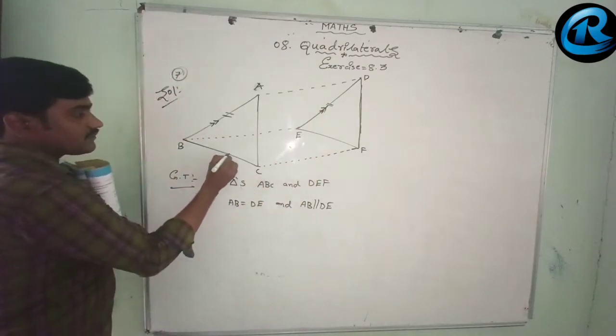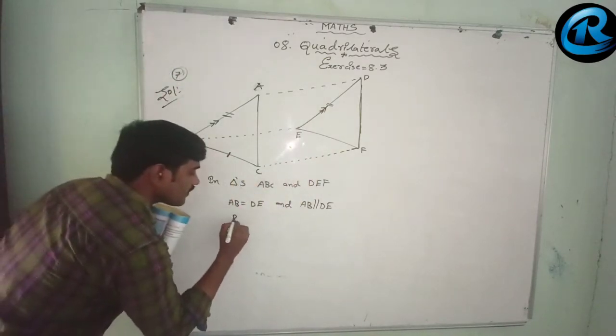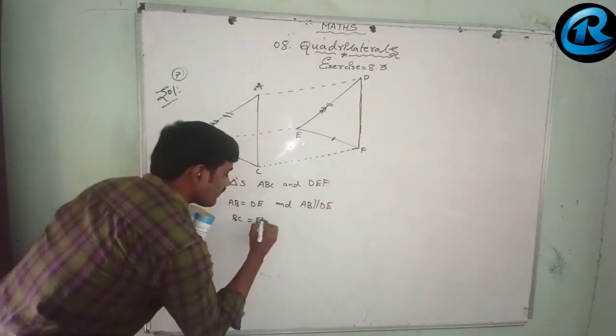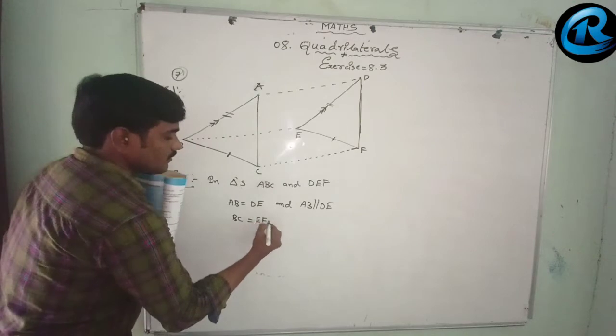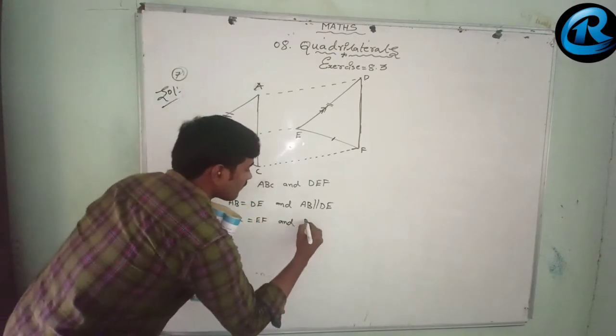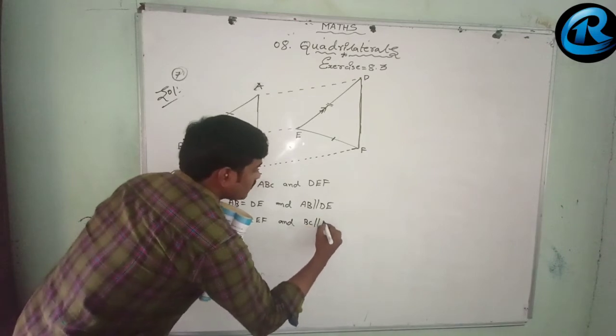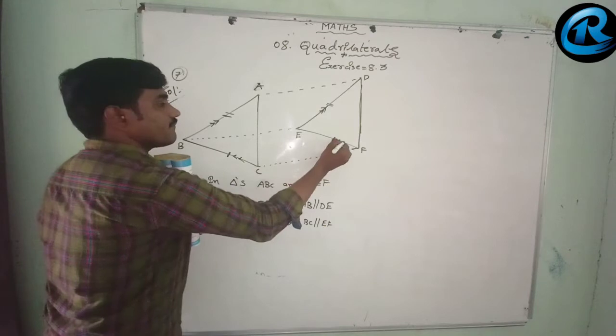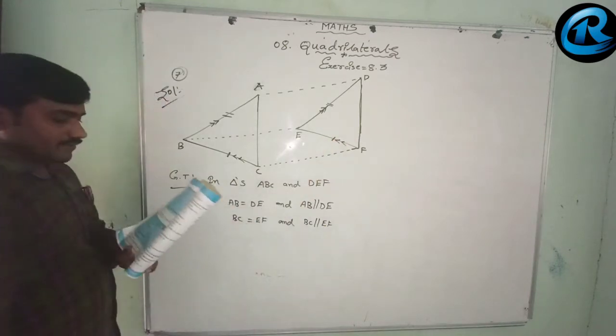And here see, this BC is equal to EF, and BC is parallel to EF. This is also given.